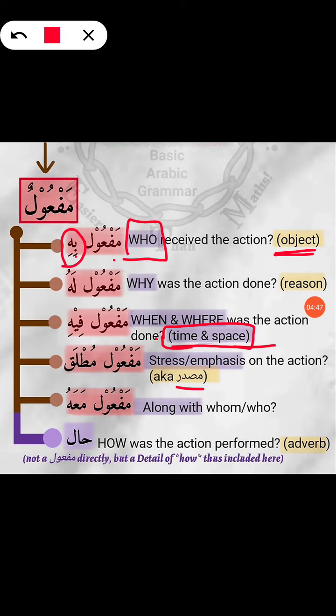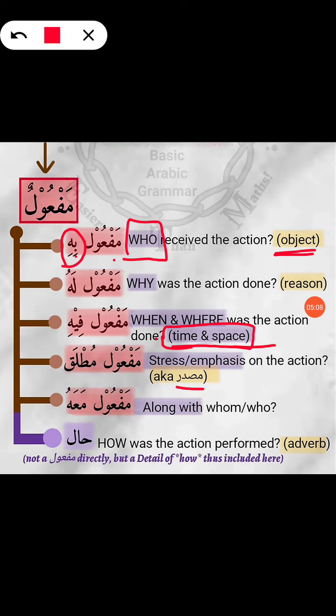This is something that you're going to find in the last surahs a lot. In the 30th para, the 30th juz, there are some surahs that describe the day of judgment, and you're going to observe this there a lot.